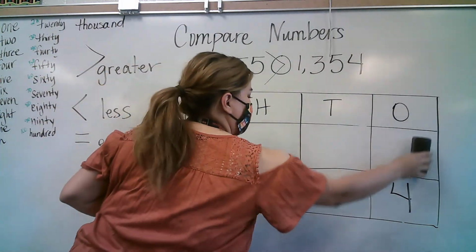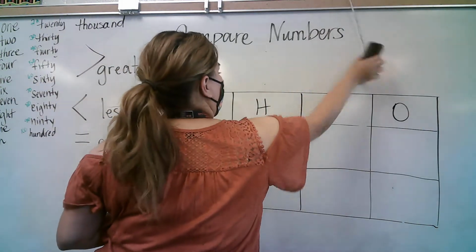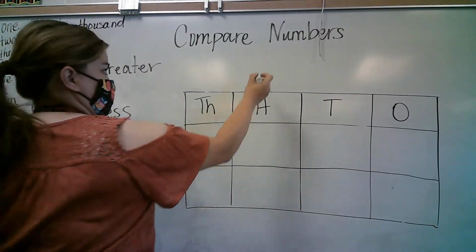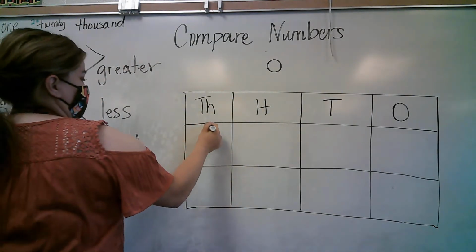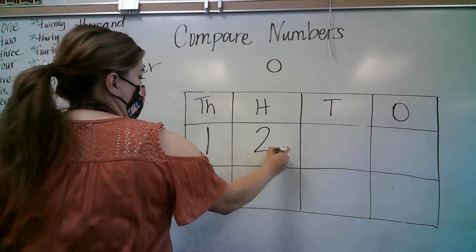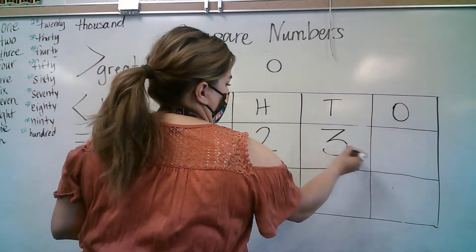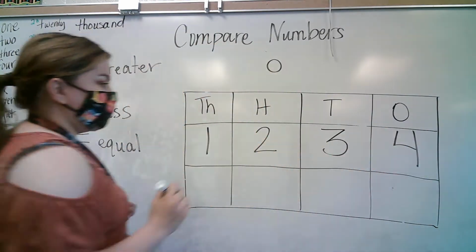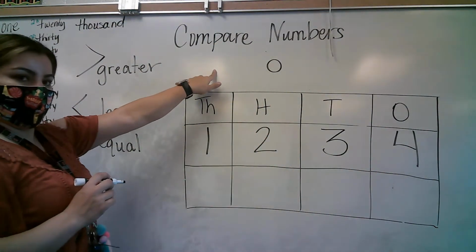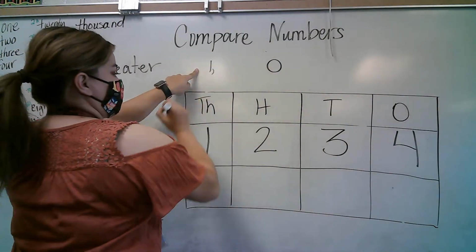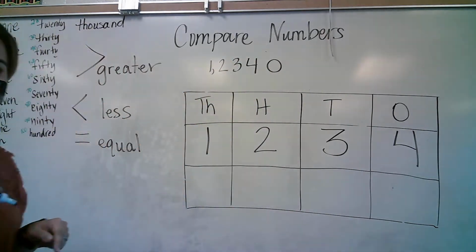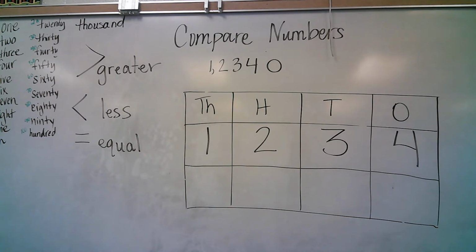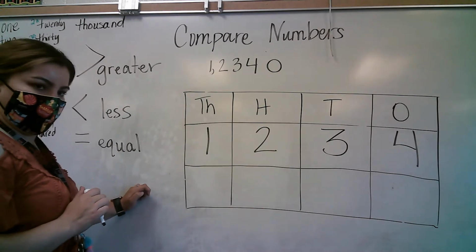Okay. Now, let's try a different number. Let's compare different numbers. We'll put a little circle on top. This time we are going to compare 1,234. Okay, so I'm going to write it here before the circle. 1,234. Are we ready for the next step? Yes.